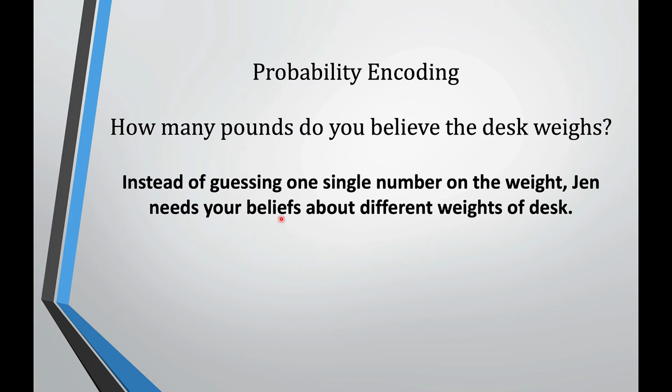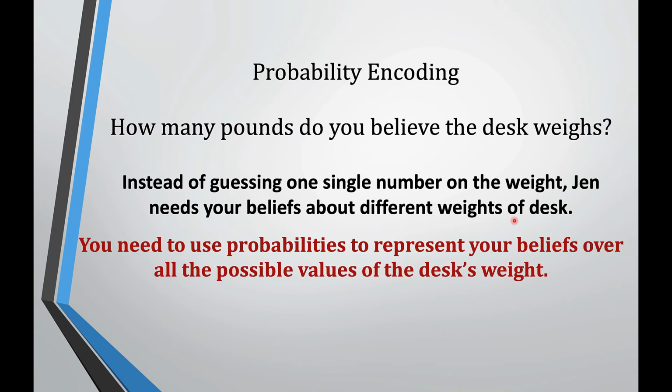Rather, Jane needs your belief about different weights of the desk. What you need to do is to use probabilities to represent your beliefs over all the possible values of the desk's weight.